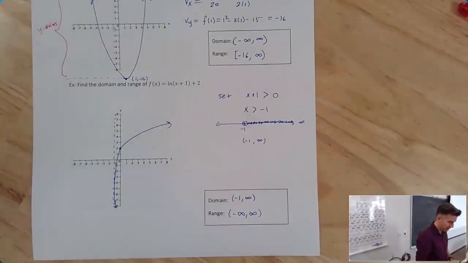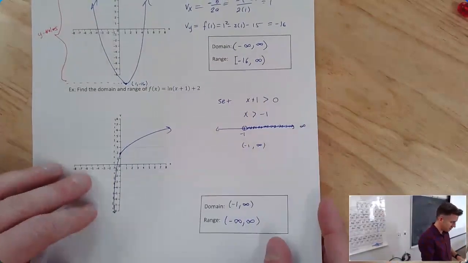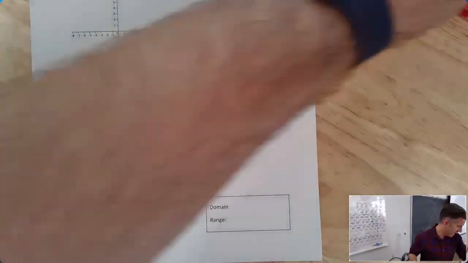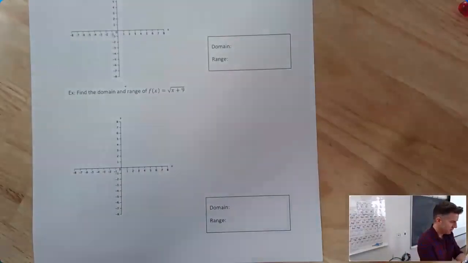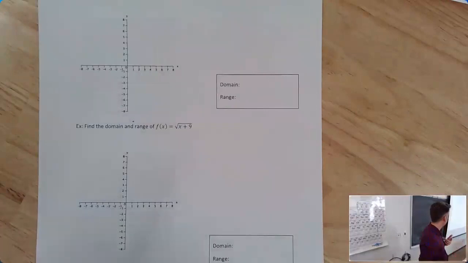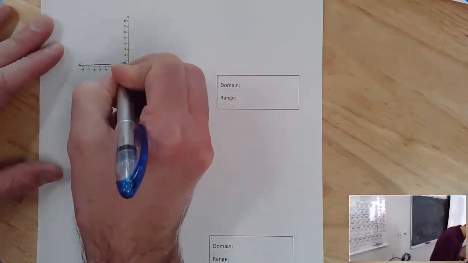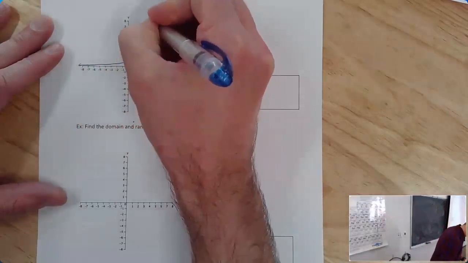Okay, let's look at kind of an inverse function of this, although not exactly, but close to it. Something like e to the x. Just like I mentioned last time, with inverse functions, x and y kind of switch. So here's our exponential function. Looks like this, kind of.